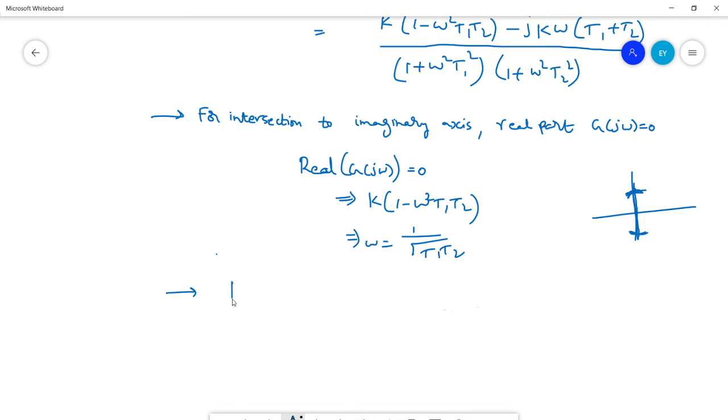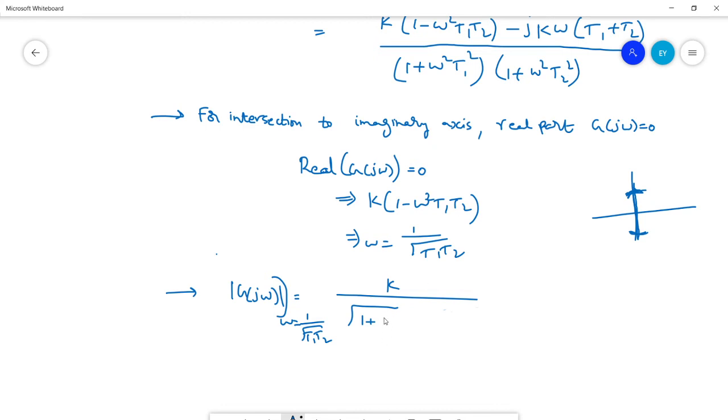So to compute magnitude, g of j omega at omega equal to 1 by root of t1 t2, from the above expression for the magnitude, you need to substitute omega equal to 1 by root of t1 into t2.